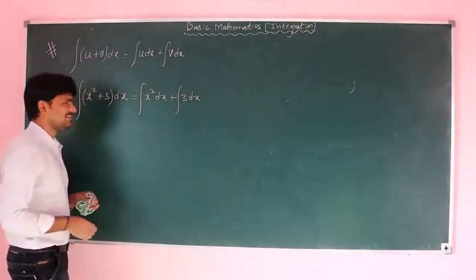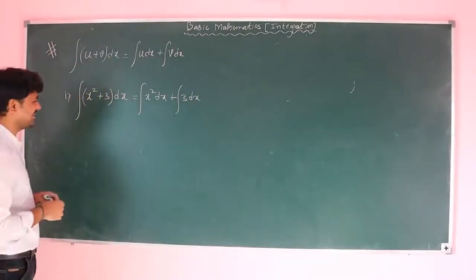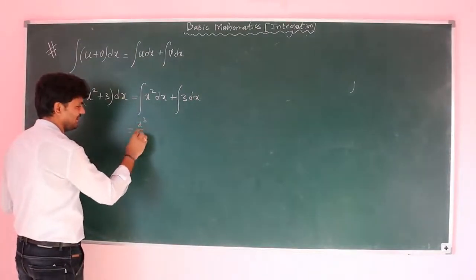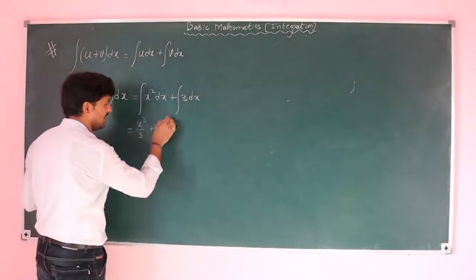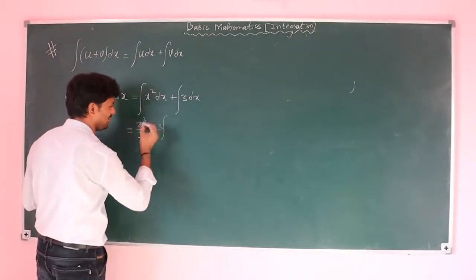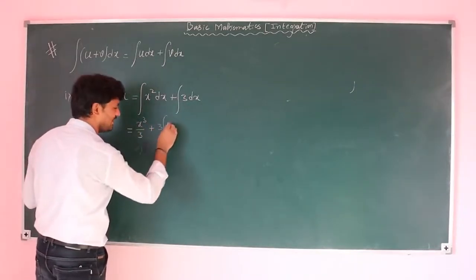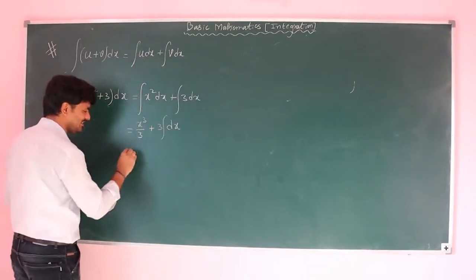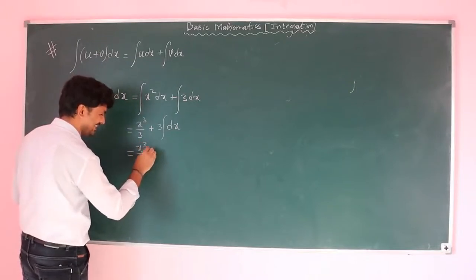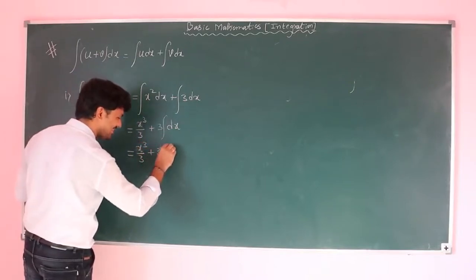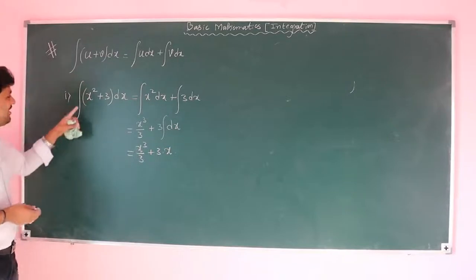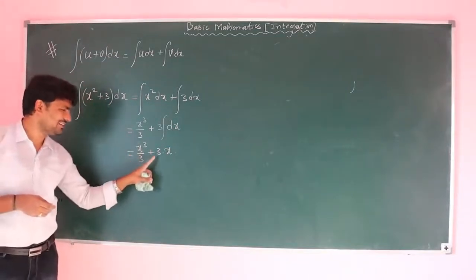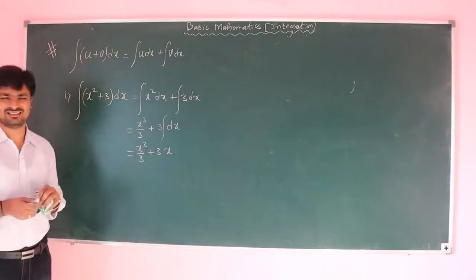Integral x square is x cube by 3, plus 3 is a constant, so we are not disturbing the 3 out of the integration, and then here only integral dx, which is x. So the integration of this function x square plus 3 is x cube by 3 plus 3x.